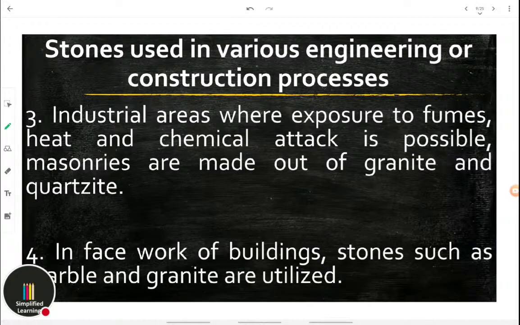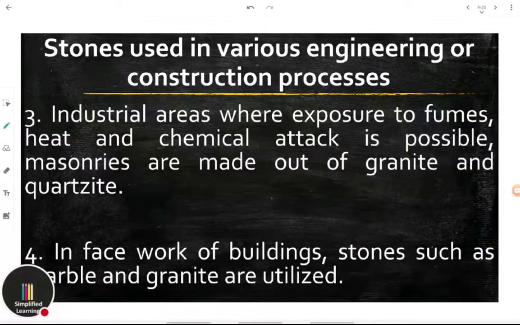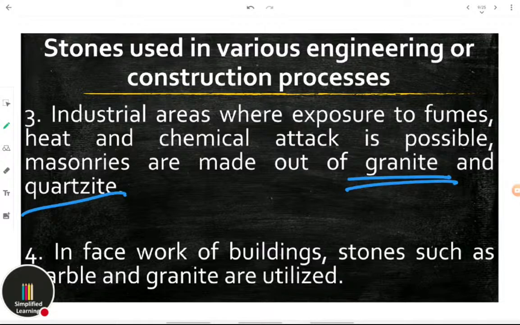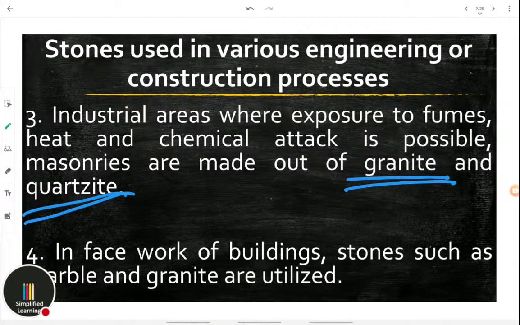Then in industrial areas, we go with granite and quartzite. For example, chemical production companies, or some industrial processes which involve exposure to heat or chemical attack, or any temperature factor in any industry, then we go with granite and quartzite for their resistive properties.